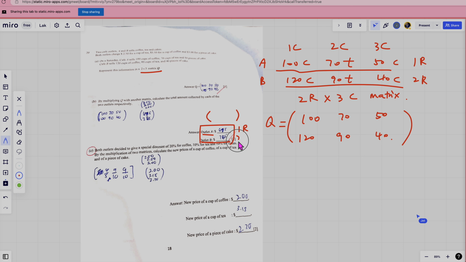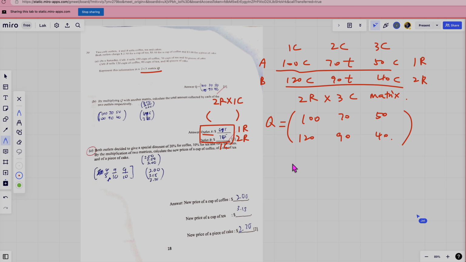First row, second row, and 1 column. So they want a 2 row by 1 column matrix at the end. Does it make sense? Yes. You see, you get the hints from the question.